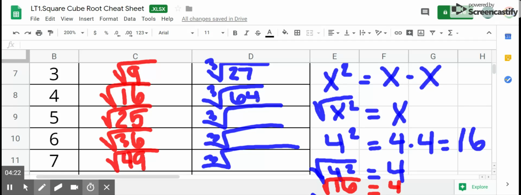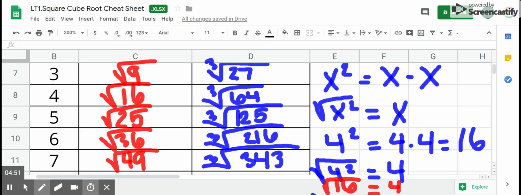Next one, 5 times 5 times 5. 5 times 5 is 25, times 5 is 125. Next one, 6 times 6 times 6. 6 times 6 is 36, times another 6, we get 216. And then 7 times 7 is 49, times 7 is 343.